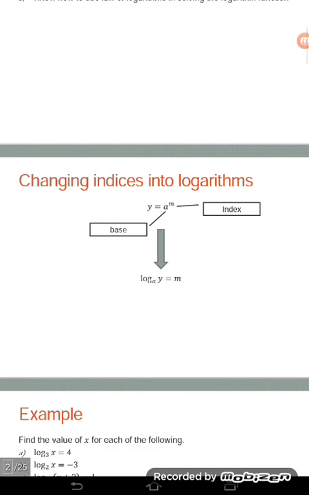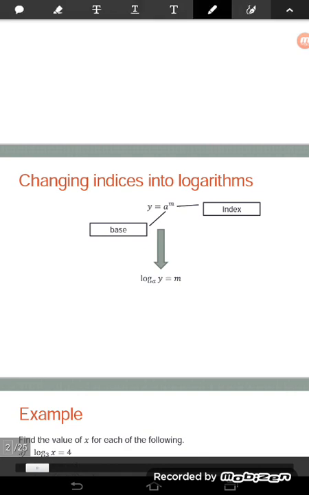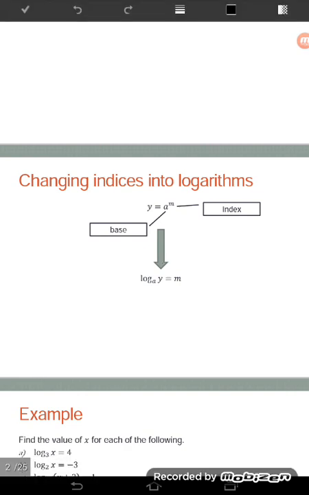Okay, so first, there is a relationship between indices and logarithms. The indices you can change into logarithm, become this one. The base in indices, if you change into logarithms, will become the base of logarithm.